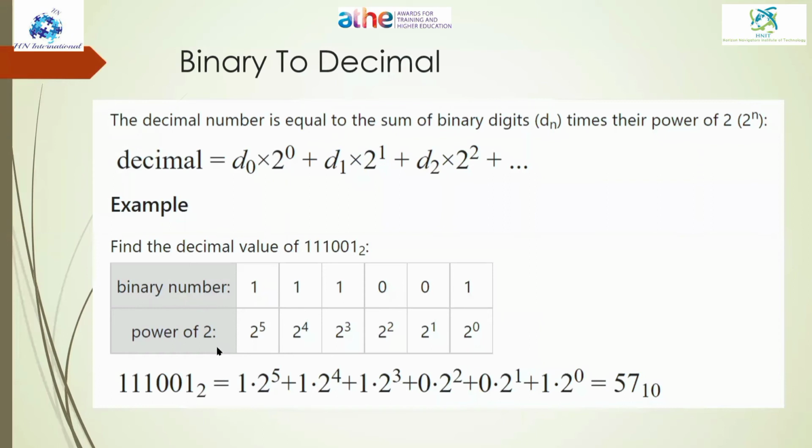We can just keep writing 1, then multiply by 2, keep writing 2, and from the right side we start from 0 and keep writing 1, 2, 3, 4, 5, up to the last number. Here we start from 0, 1, 2, 3, 4, and stop at 5. The length is 6, but as we start from 0, we stop at 5. Did you get this pattern? Yes, sir.